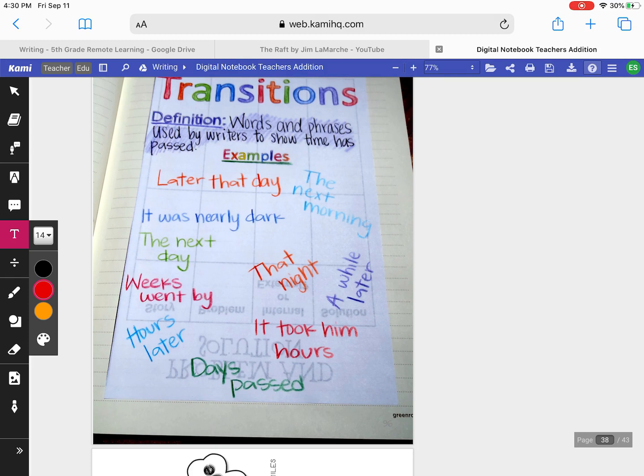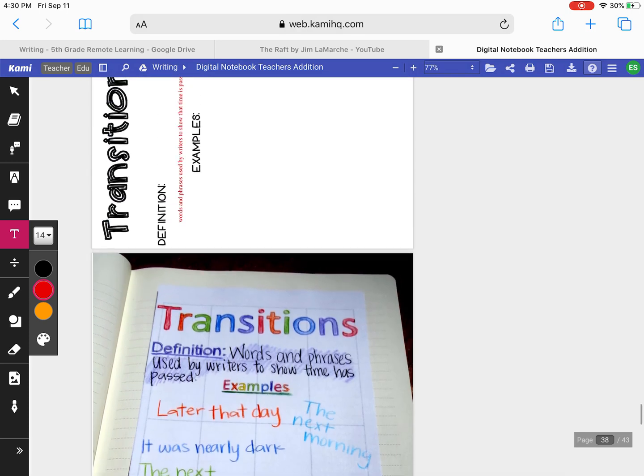So back in your transitions, I want you to use one of these and turn it into a sentence.